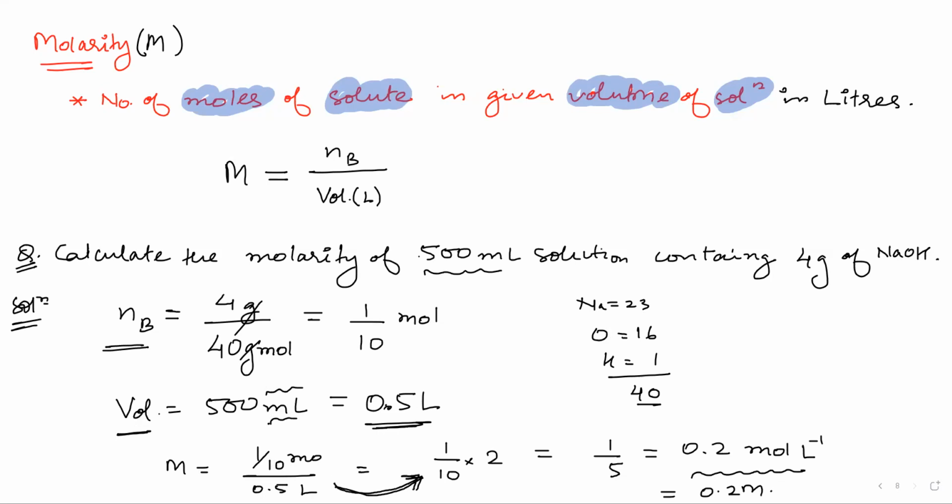Sir, can you say how you got 2? Okay, let me explain. 1 by 10 divided by 0.5, right? I can write 1 by 2 is 0.5, everyone.